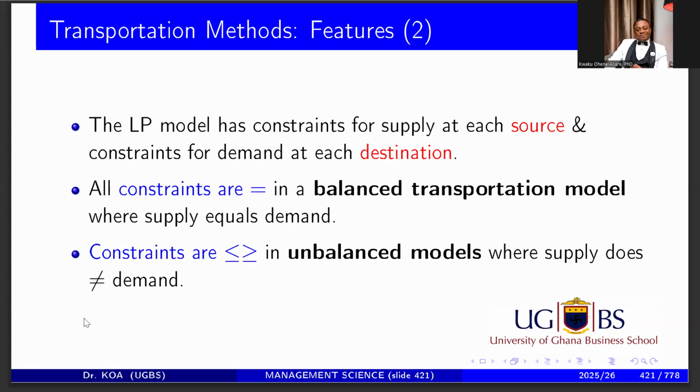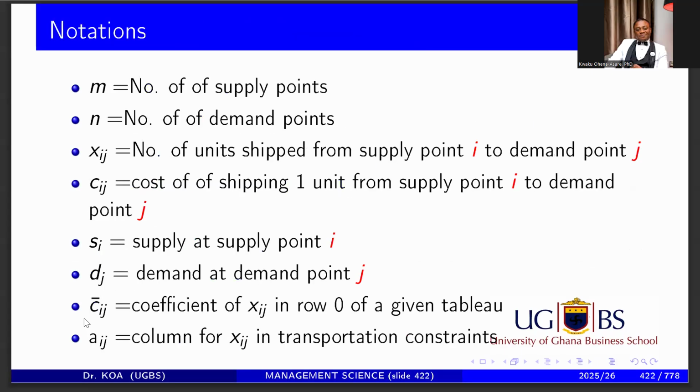Take note. In a balanced transportation model, all the constraints will have the equality sign. But in an unbalanced transportation model, some of the constraints will have equality, some will have less than or equal to. So you will see an example of this.